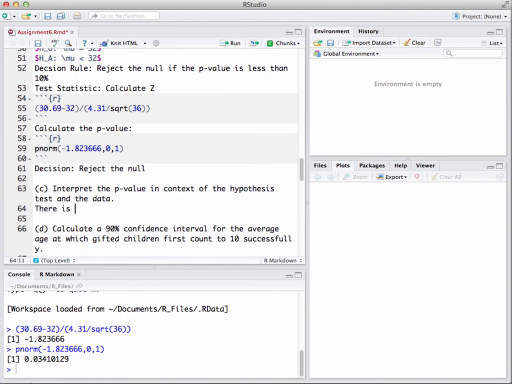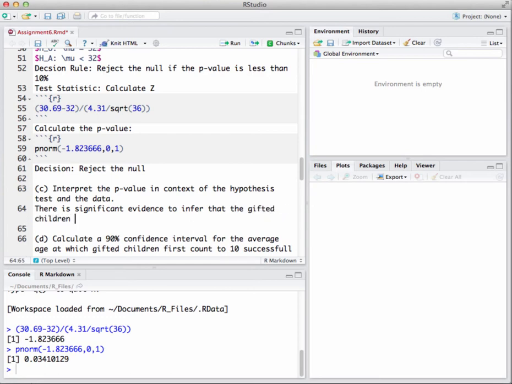So there is significant evidence to infer that the gifted children can count to 10 at an earlier age.